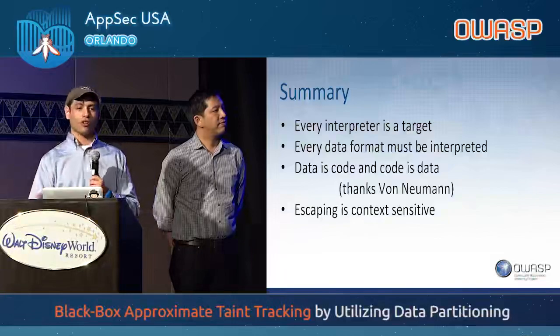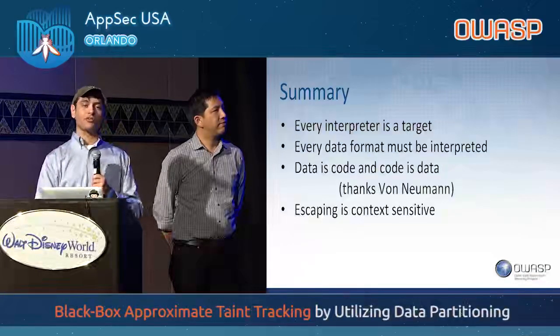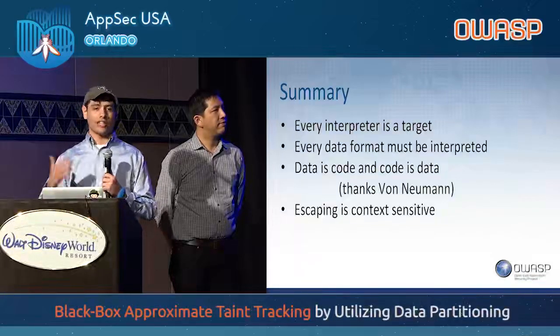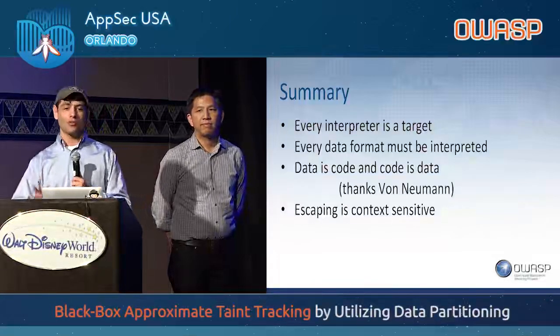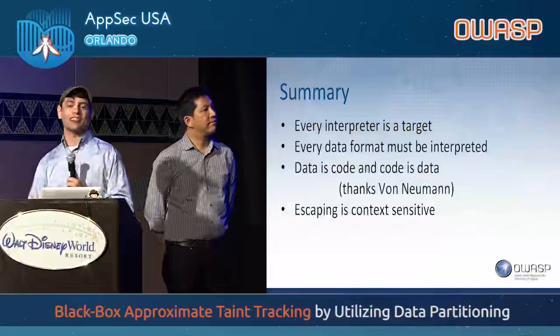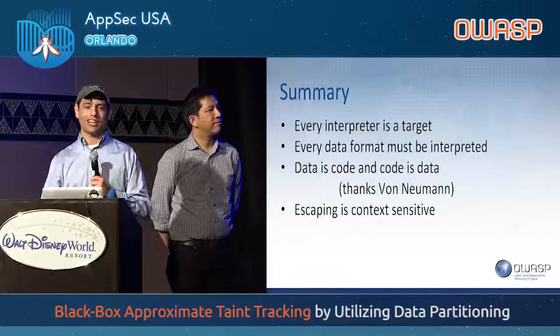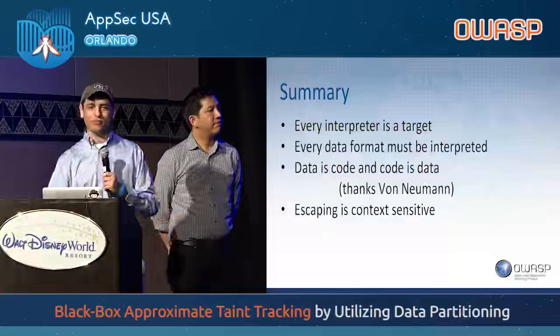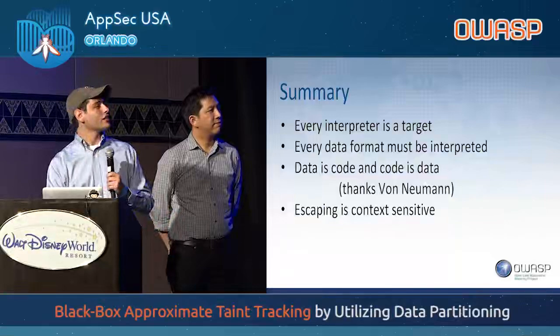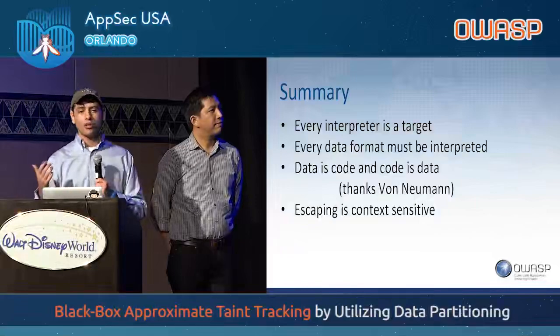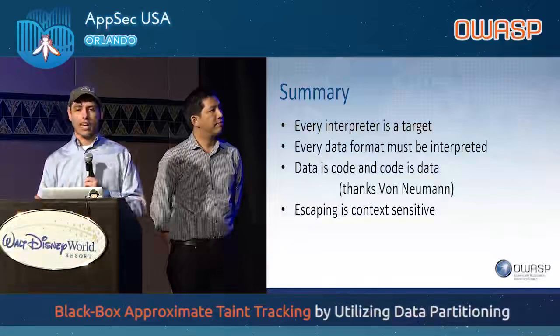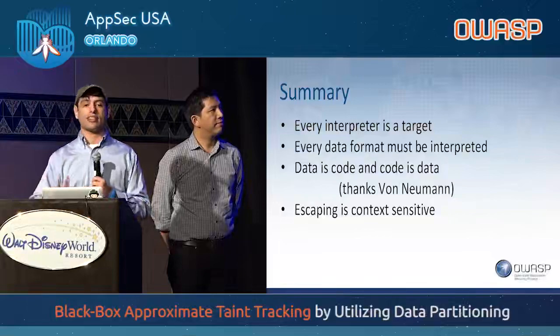There are interpreters all over the place. There are things that you don't realize are reading your code and going to interpret it. When you look at a YAML file, you think, oh, this is deserializing an object, not, this is arbitrarily creating Lambda calls. And that escaping is context sensitive. You really need to know what's coming in and what's going out, and does this make sense?